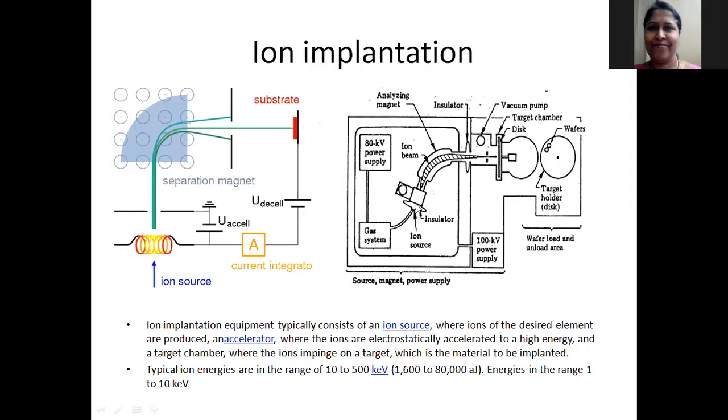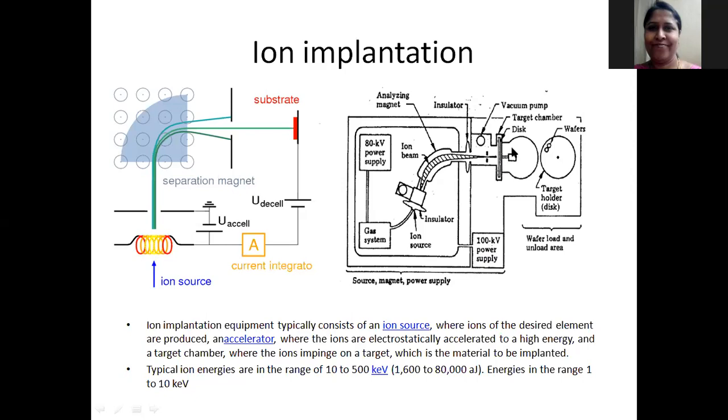The ions which are generated are now made to travel through this tube, and they are made incident on these wafers. They are directed with the help of magnets, and the whole chamber is maintained at a very high power supply voltage.